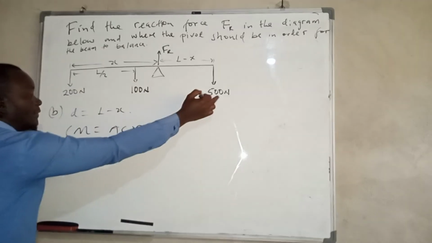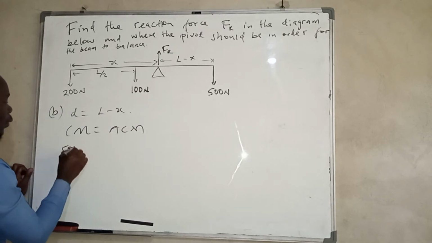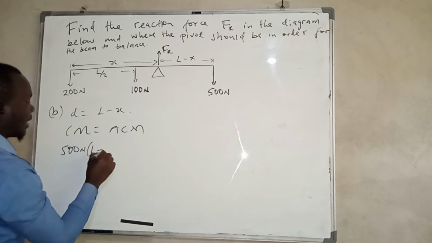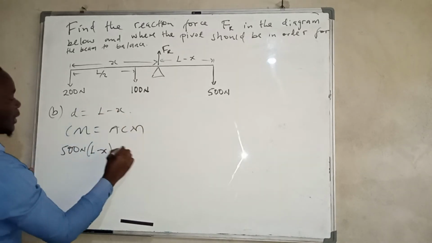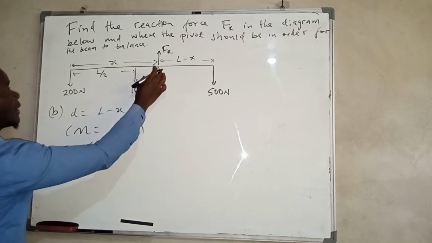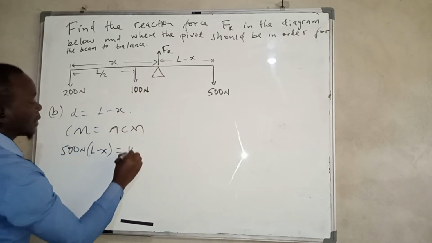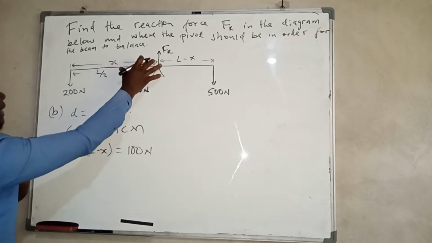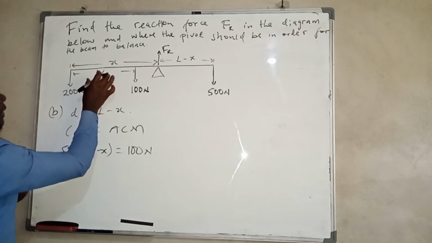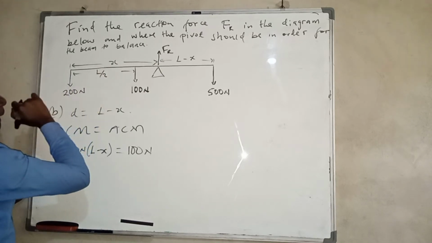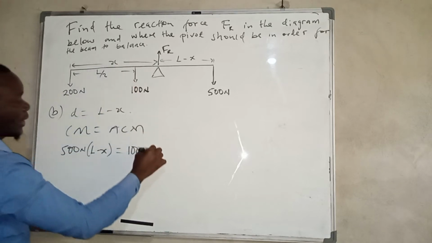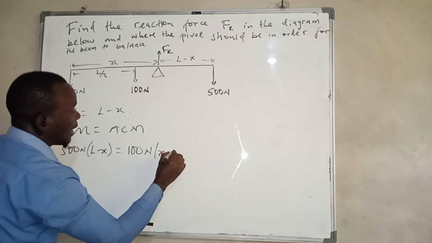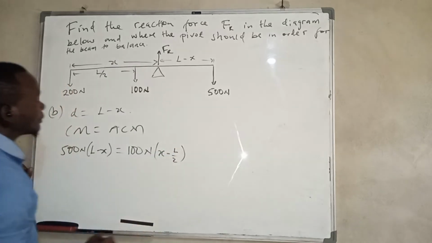So we have 500, which is the force, times the distance from the pivot, which is L minus X. So this must be equal to, we have this 100 newtons, then the distance from the pivot: if this is X and this is the half, L over 2, the distance from this to this is X minus L over 2.